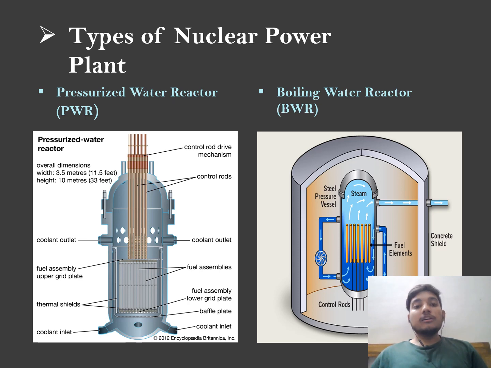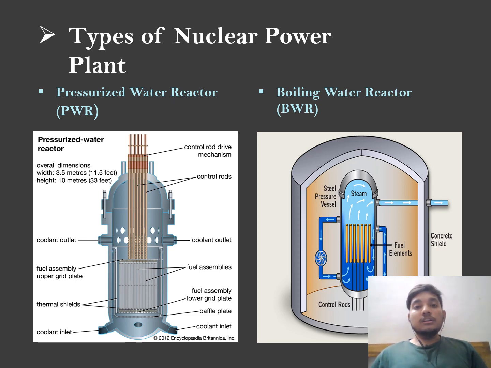Types of nuclear power plant. There are mainly two types: pressurized water reactor, known as PWR, and boiling water reactor, known as BWR. First one is the pressurized water reactor. Water under high pressure is used as both the coolant and the moderator.